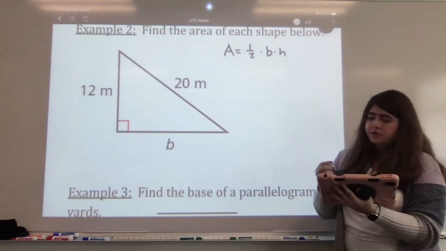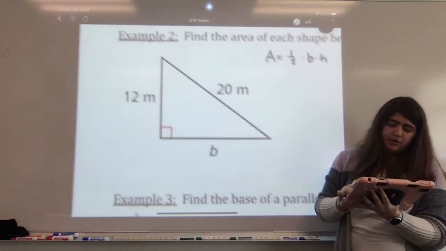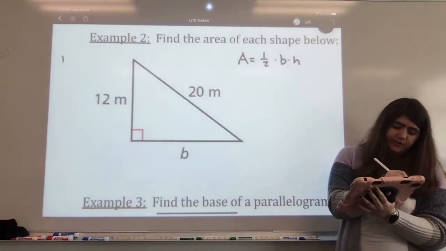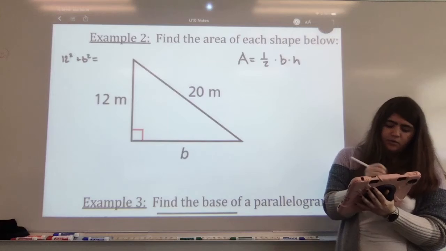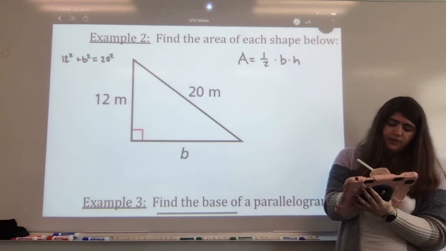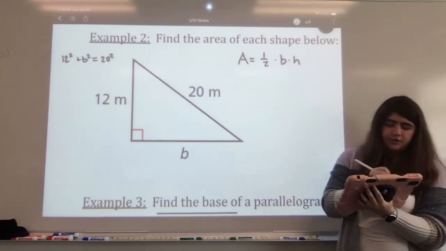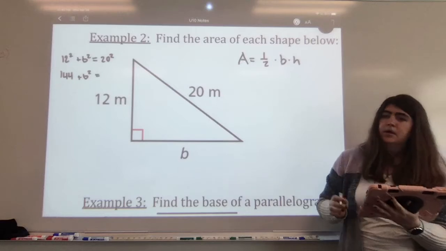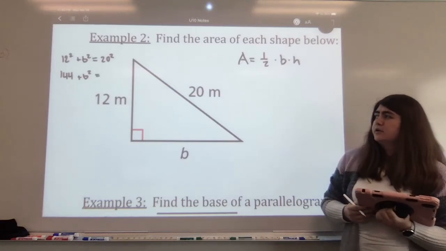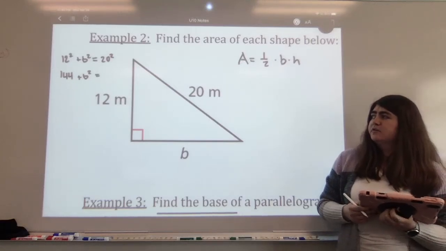So I have 12 squared. I'm going to actually write this to the side over here. So I have 12 squared plus B squared is equal to 20 squared. So 12 squared is 144 plus B squared is equal to 20 squared, and 20 times 20 is 400.